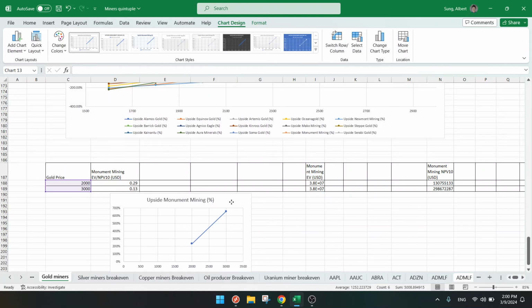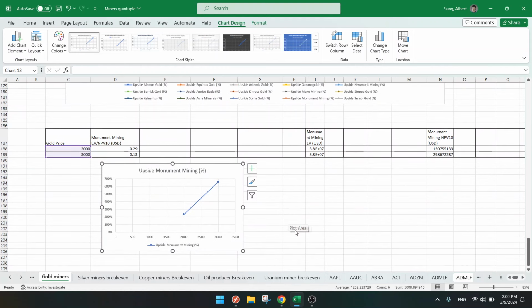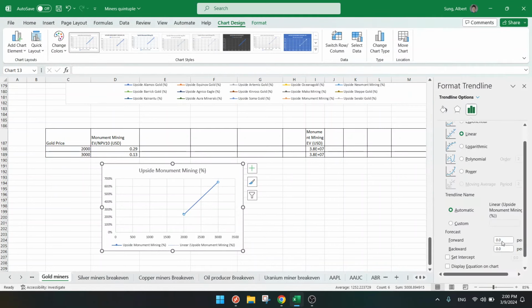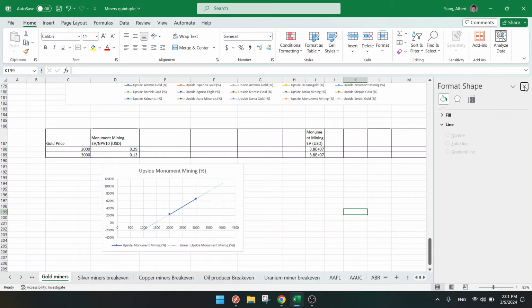Voila. And we add a trend line forward, backward. Okay.